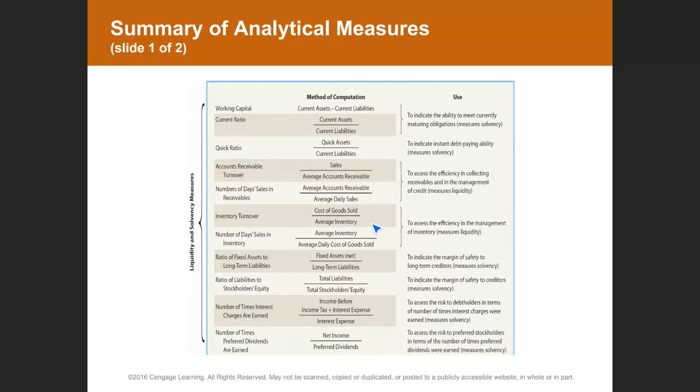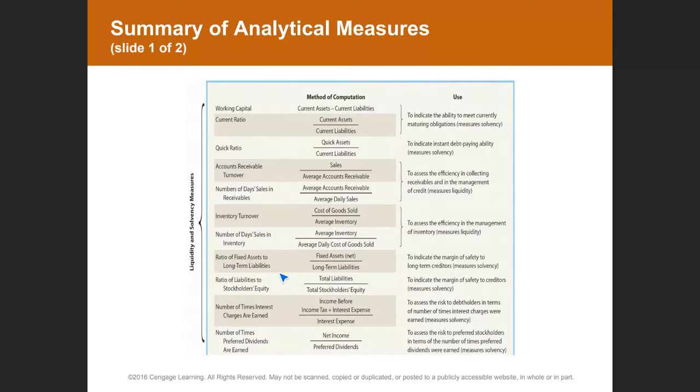It is used to assess the efficiency in the management of inventory and measures liquidity. Number of days sales in inventory: you take your average inventory divided by the average daily cost of goods sold, and it is used to assess the efficiency in management of inventory and measures liquidity.